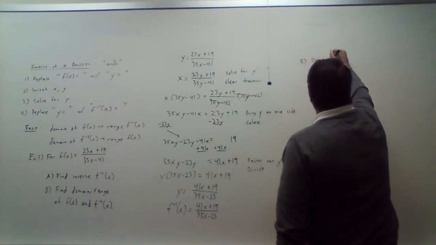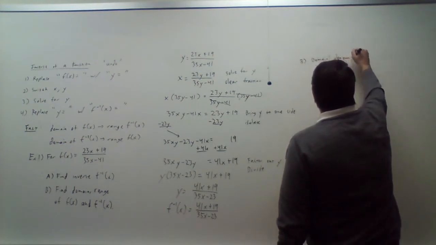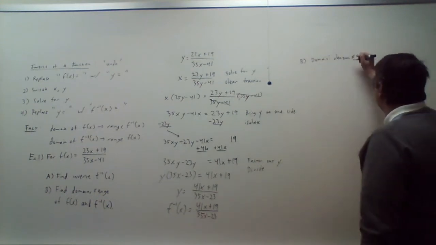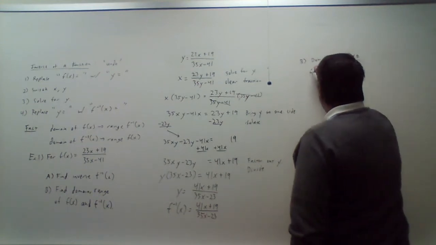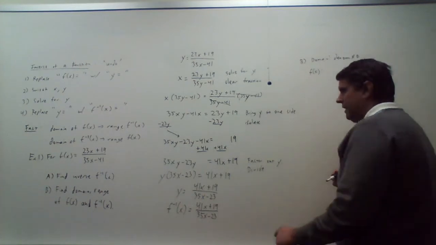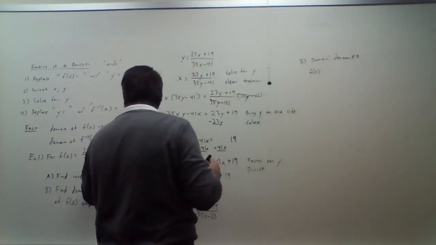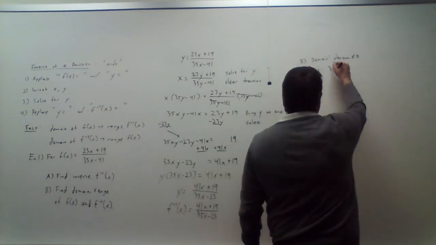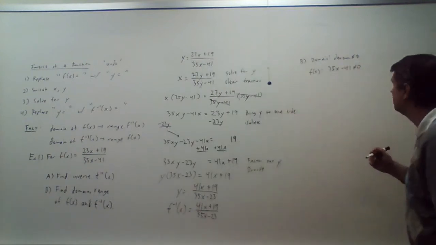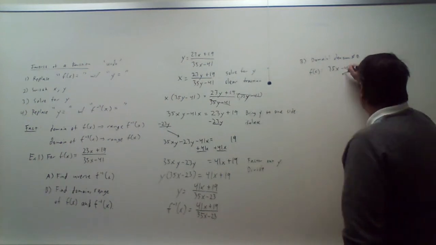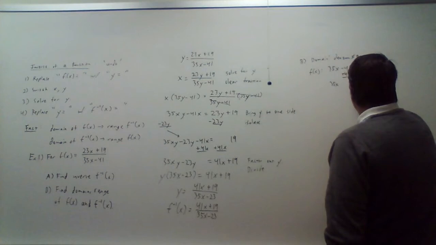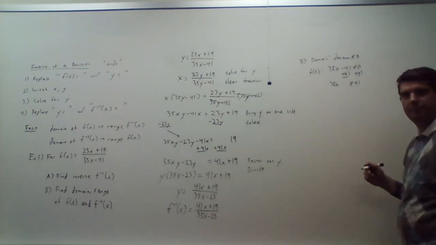Okay, part B. Domain. Remember that denominators cannot equal 0. The denominator cannot equal 0. So for the original f of x, 35x minus 41 cannot equal 0. Okay, so we add 41 to both sides. 35x cannot equal 41.